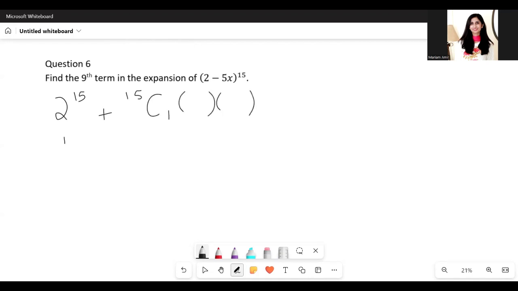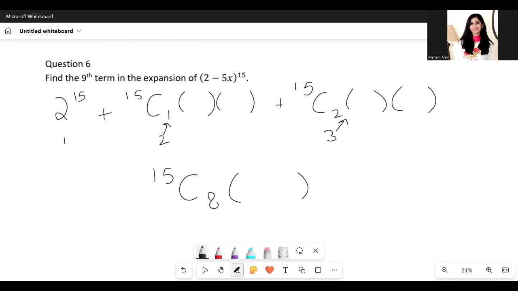Obviously, there are going to be more values here, but we don't need that. We need to go to the ninth term. So the third term is going to be 15C2 and 2 brackets here. That's the third term. So look, the second term gives you a 1 over here. The third term gives you a 2 over here. That means the ninth term is going to give you an 8 over here. So you just need 15C8.